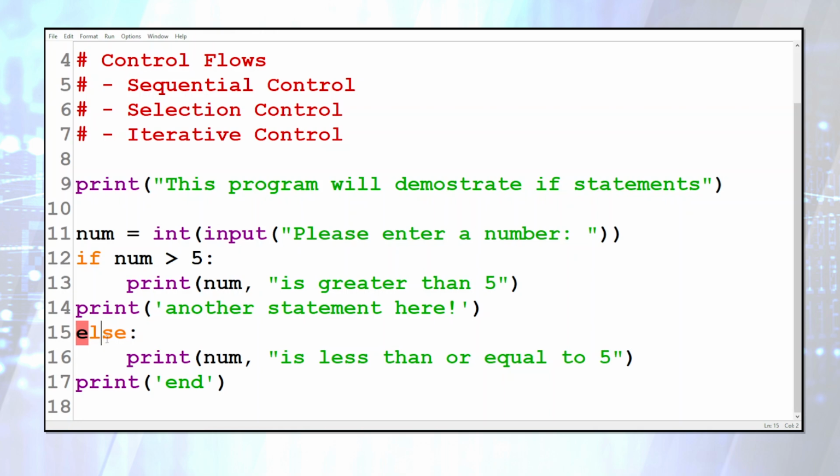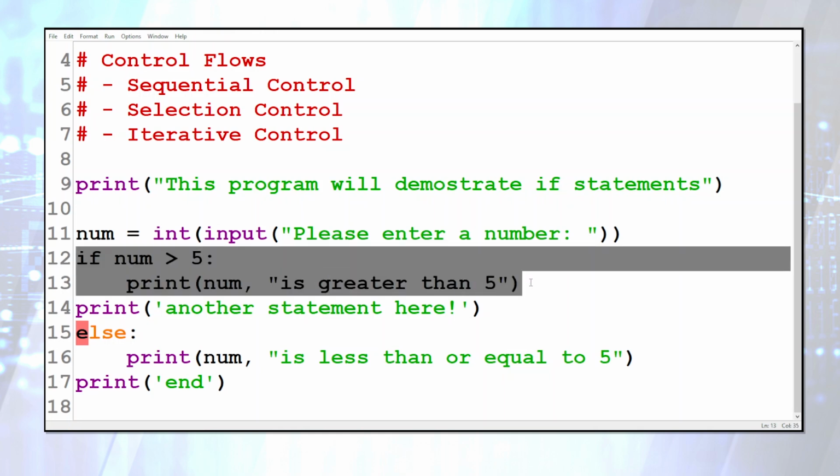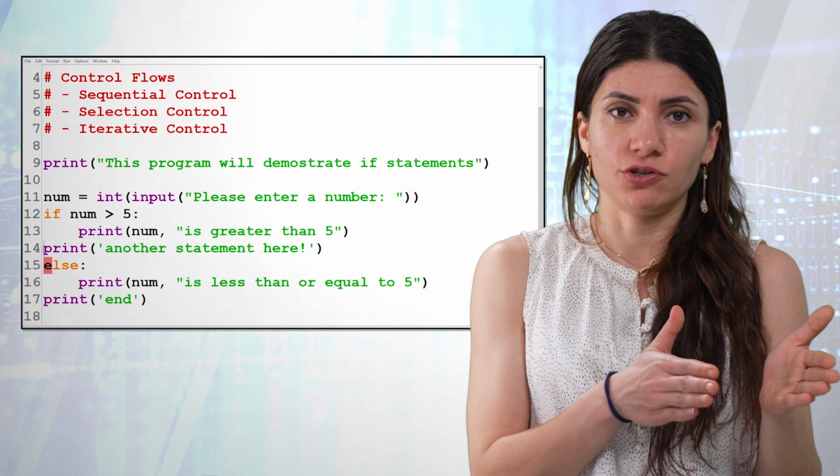Else is not an independent statement. It is connected to an if. So if you have an else, it looks for an if statement for it. Right now, this else does not have any if statement. Why? Because you deleted the indentation. That means this if is done.